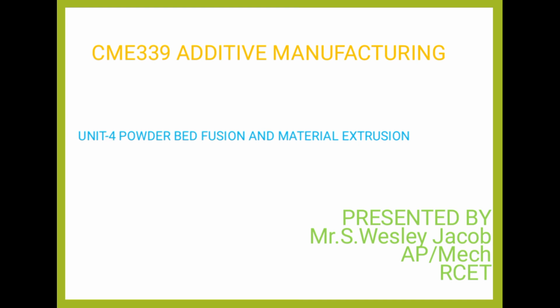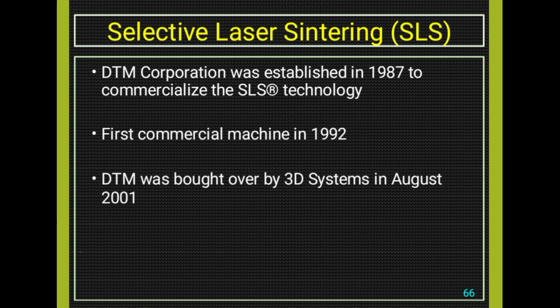In this video session, I am going to deal on the subject Additive Manufacturing CME 339, Unit 4, Powder Bed Fusion and Material Extrusion. So in this video session, we are going to deal on the topic Selective Laser Sintering.